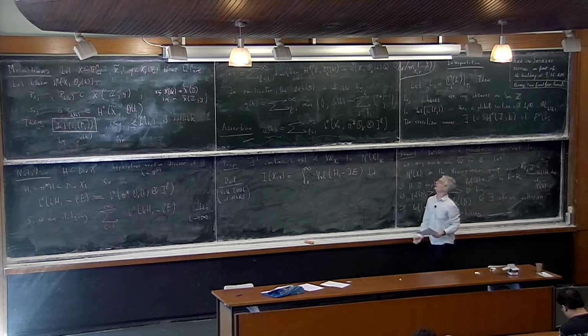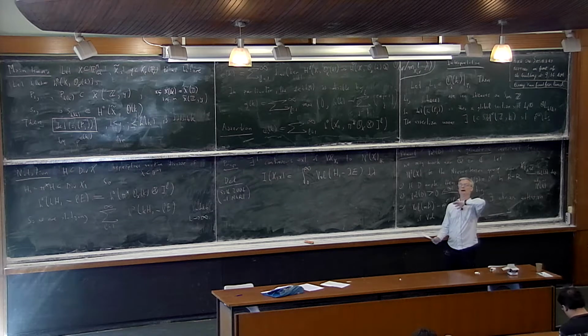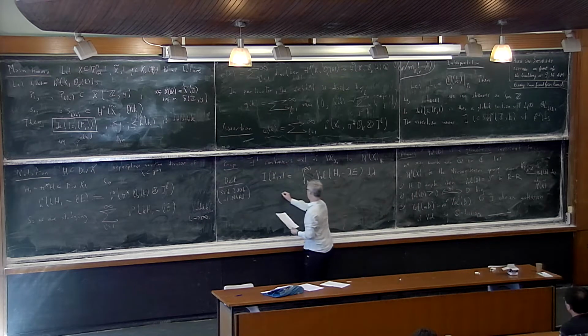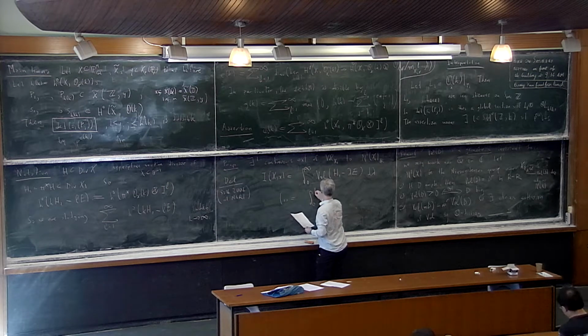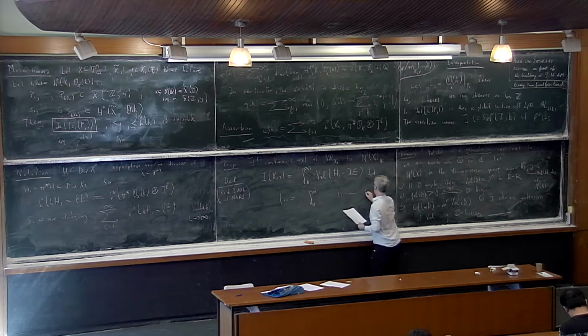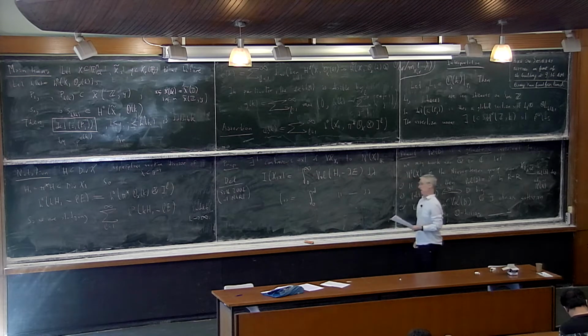Let me notice that these sections cannot have multiplicity higher than the degree of the variety, so this is actually equal to the corresponding integral from 0 to d, where d was the degree of X. So it's a finite integral.